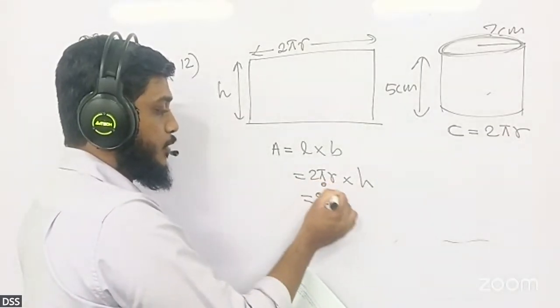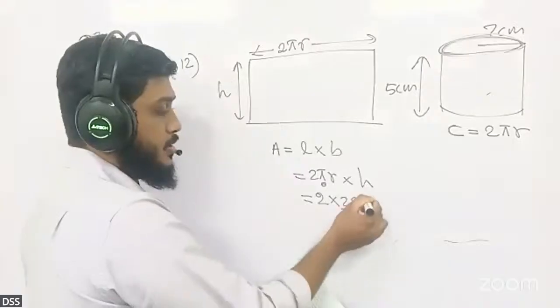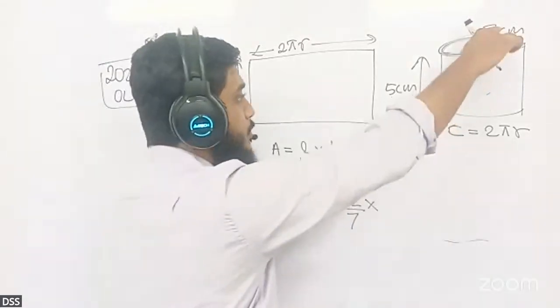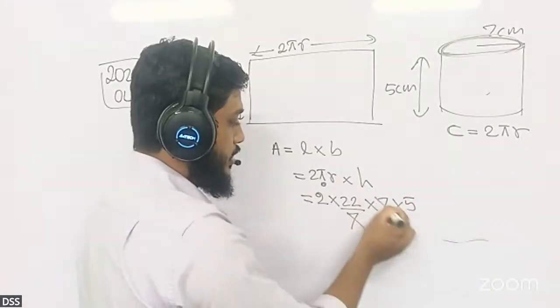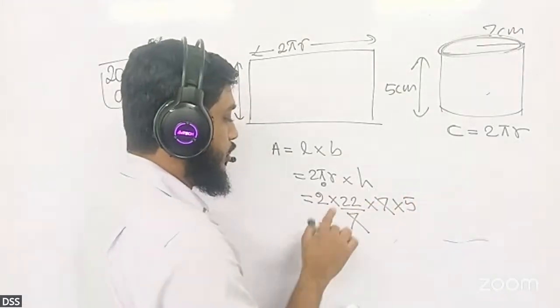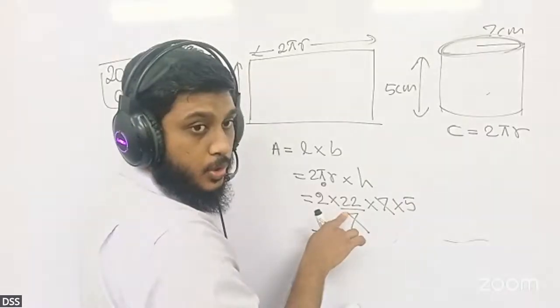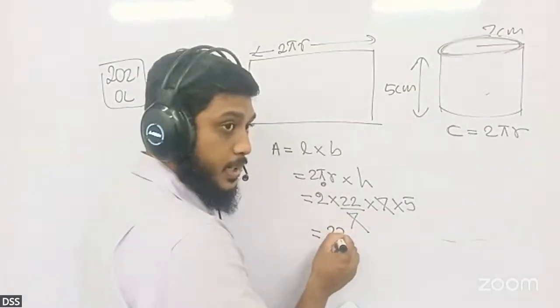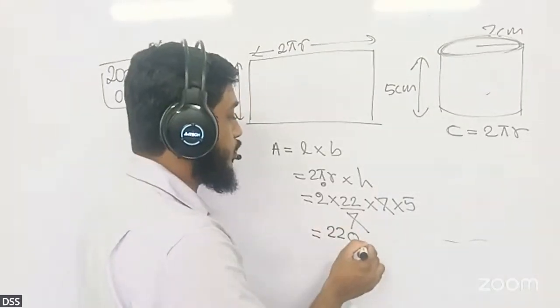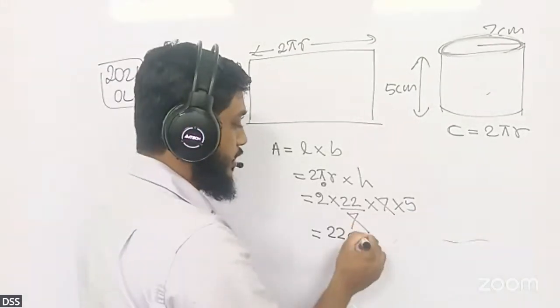For pi you put 22 over 7. For the radius you put 7. For the height you put 5. 7 and 7 you can simplify. You get 2 into 22, 44. 44 into 5 is how much? 220. You get the answer 220, unit is centimeter square.